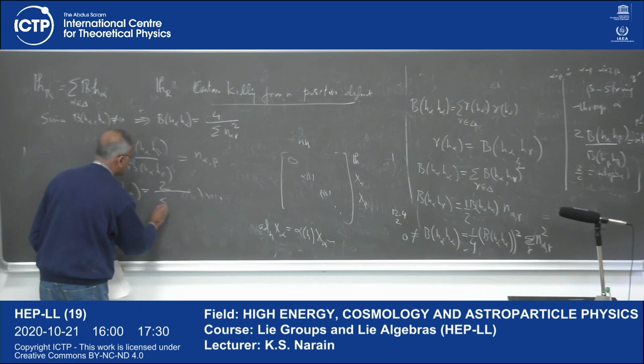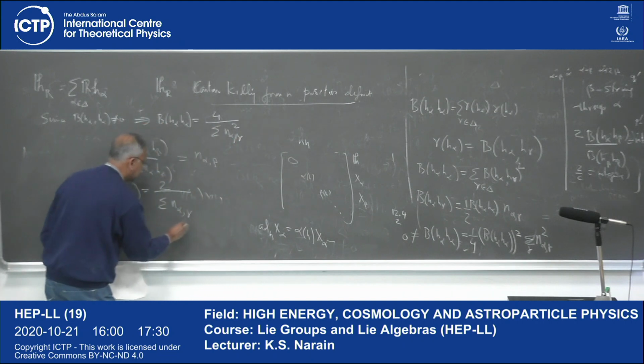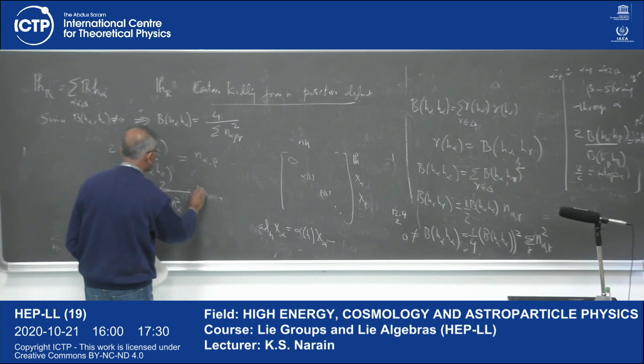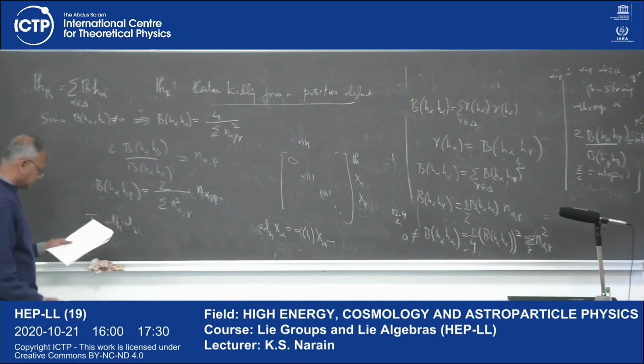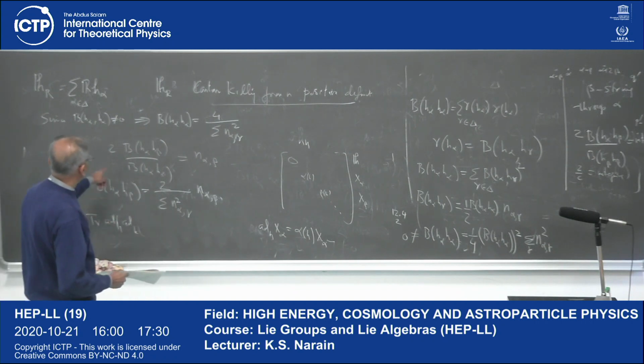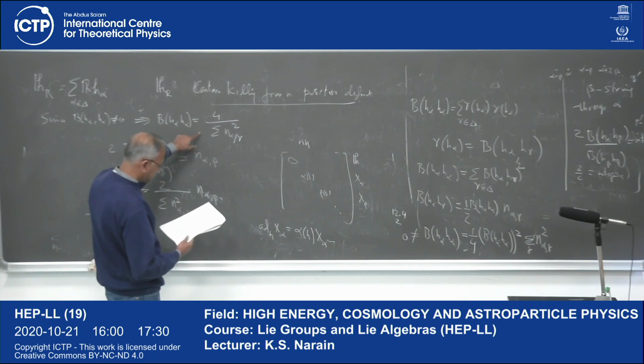So you get 2 divided by the sum of n alpha gamma squared, times n alpha beta. Wait, why is there a factor of 4 here?